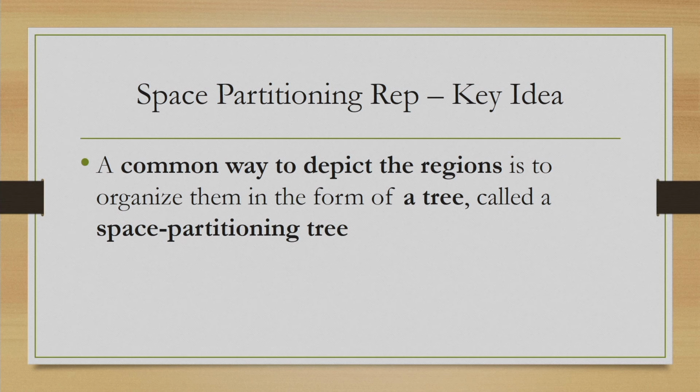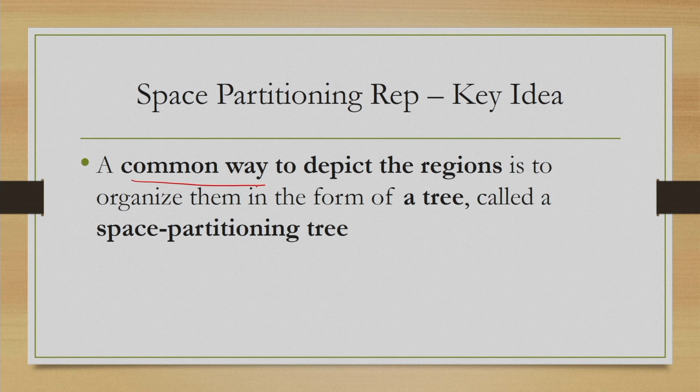Now, these hierarchical representations can be depicted in different ways. A common way is to show the representation in the form of a tree, which is often called space partitioning trees. So, that is one common way of representing an object in terms of the space occupied by it.